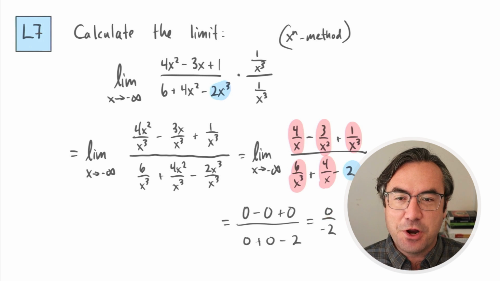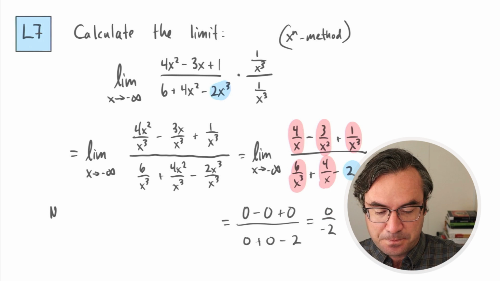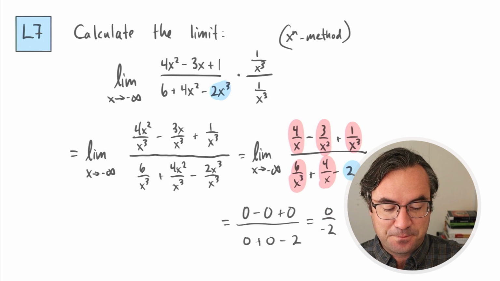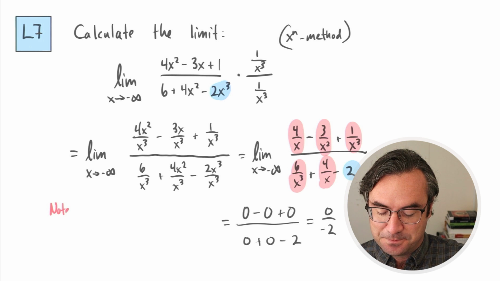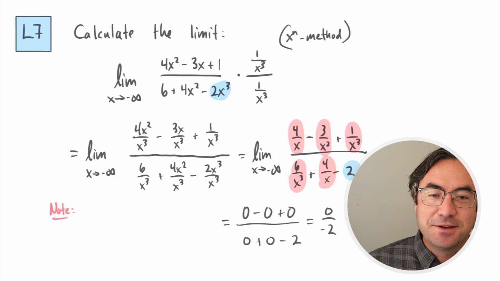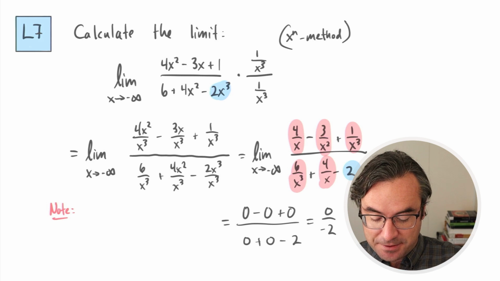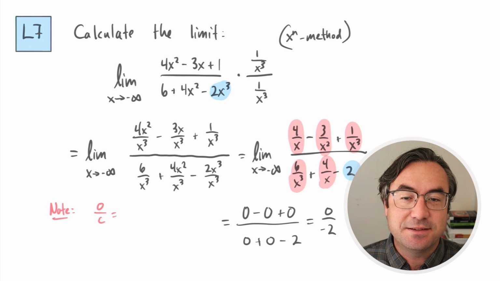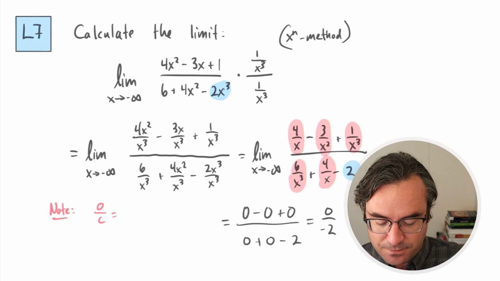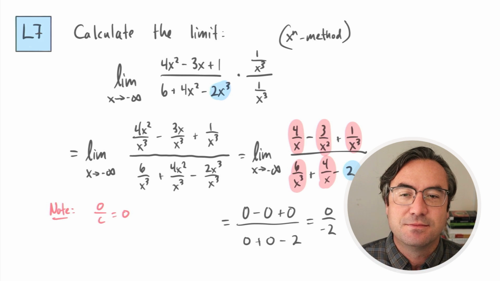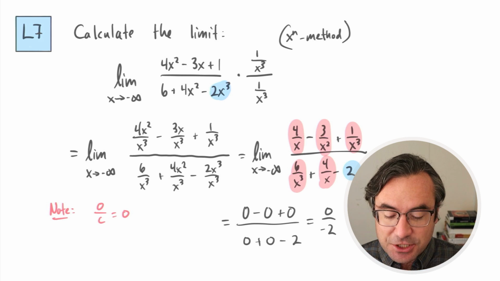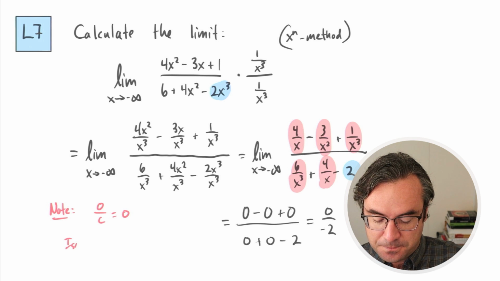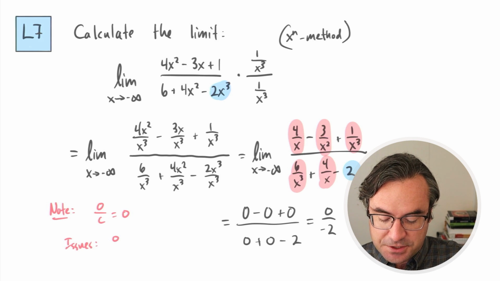So it's worth noting here: 0 over c is okay. If we have 0 divided by a constant that's not 0, that's just 0. The only ones that give us issues are the 0 over 0 or the c over 0.